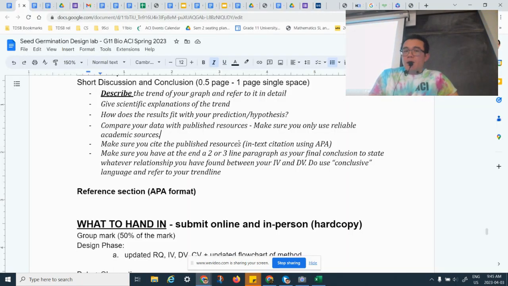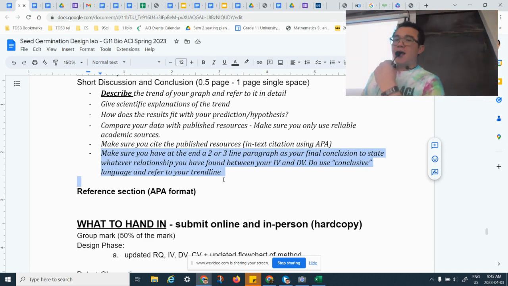Make sure you cite the published resources, so in-text citation using APA. Also, have at the very end a 2 to 3 line paragraph as a final conclusion. So go back to answer your RQ, referring to your data. Any questions?